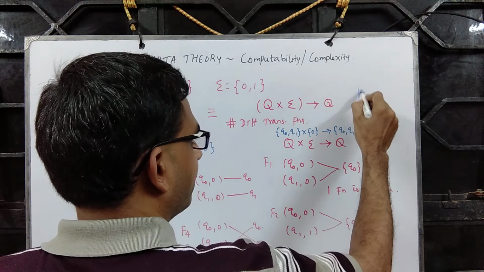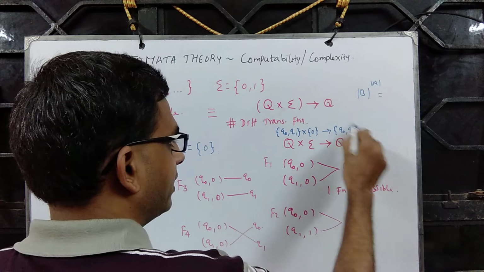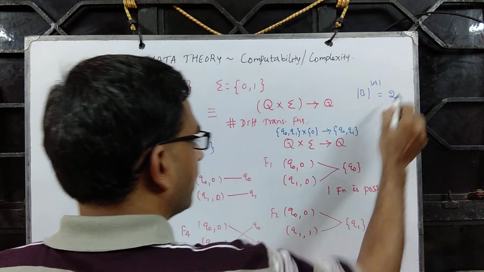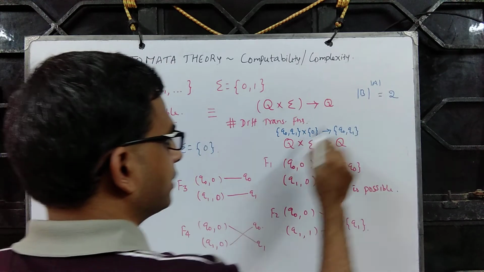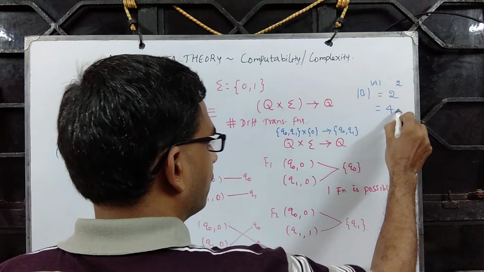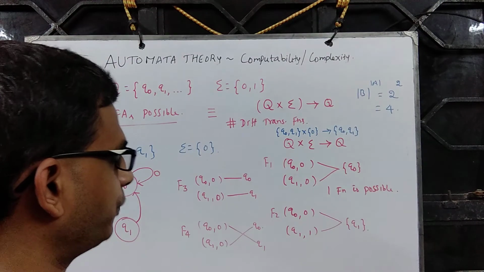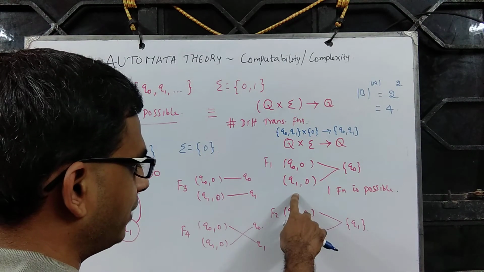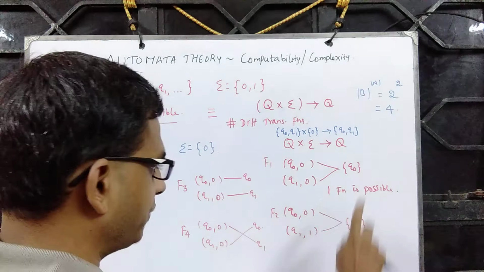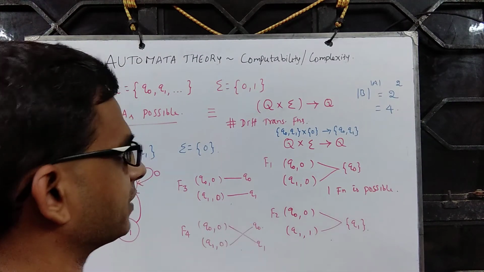So cardinality of B to the power cardinality of A: cardinality of B is 2, and 2 into 1 is 1, so cardinality of this is 2, so there are 4 functions possible. So Q0 comma 0, Q1 comma 0 mapping to Q0 is 1, this is the second function, third function, and fourth function.